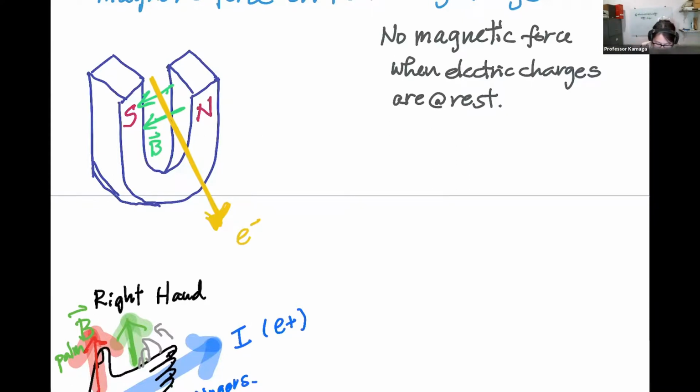So in this case, the force is applied upward. I'm going to draw it like this. So electron beam coming out, right? Electron beam coming out.